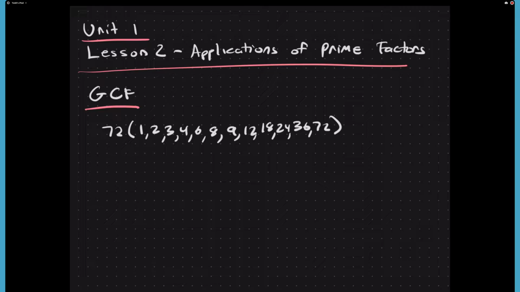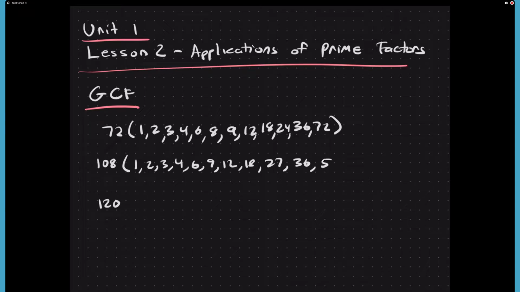So let's take a look at two other numbers. We'll look at 108 and 120. So the factors of 108 are 1, 2, 3, 4, 6, 9, 12, 18, 27, 36, 54, and 108.